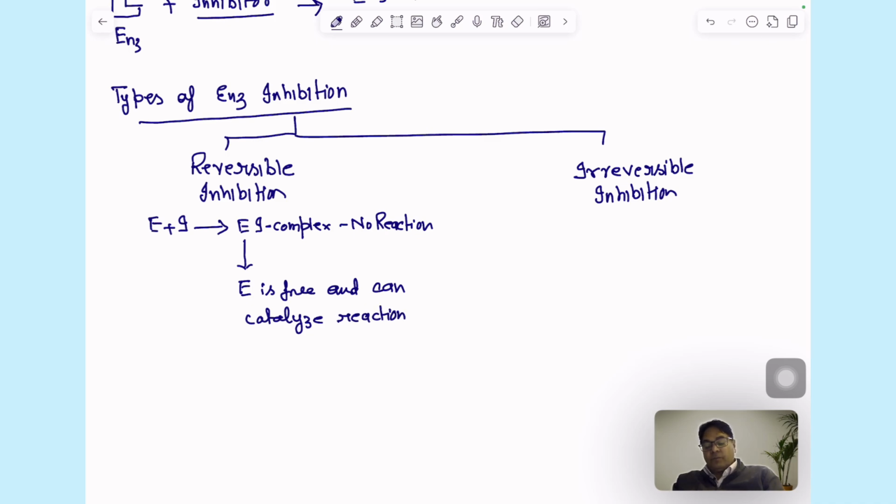When this inhibitor comes out of the enzyme, that means the condition is reversible. If the inhibitor bonds with the enzyme and forms the complex, then there will be no reaction. The reaction is blocked, the enzyme has been blocked. But if the enzyme is free, it can catalyze another reaction if the inhibitor is unbound.